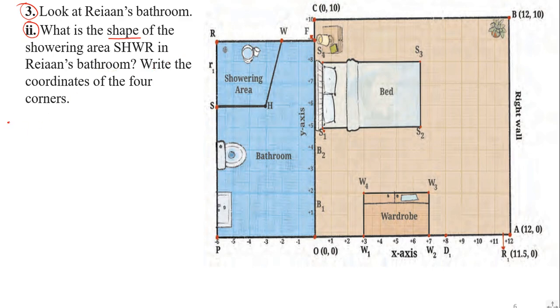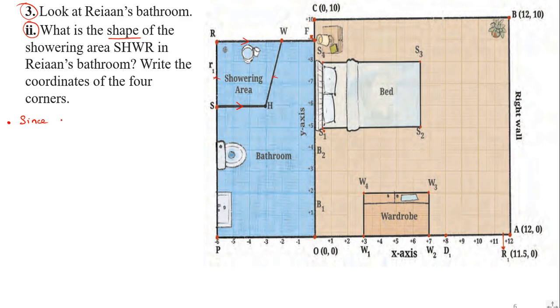Here this shape is a trapezium, because in a trapezium only two sides are parallel. This side is parallel with this side and these two sides are not parallel. If this is the case, then the shape is called a trapezium.